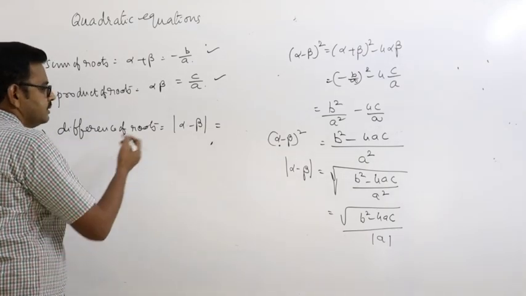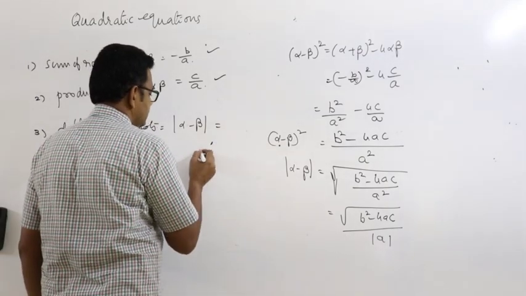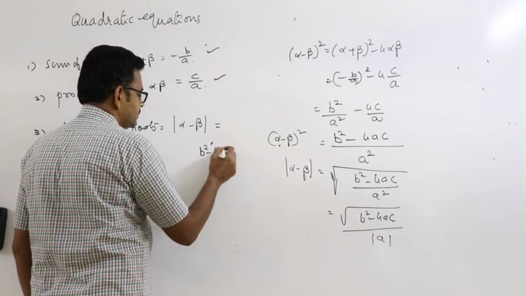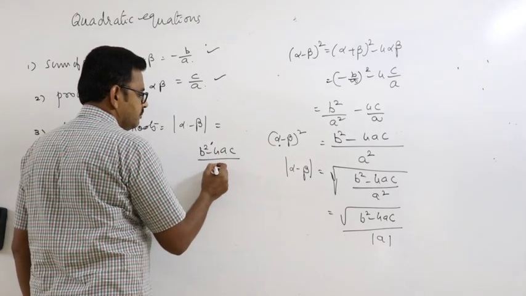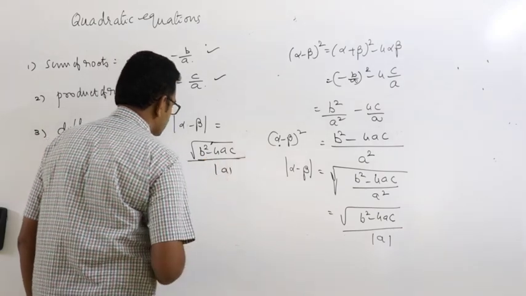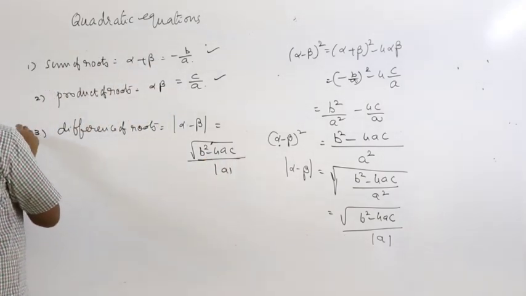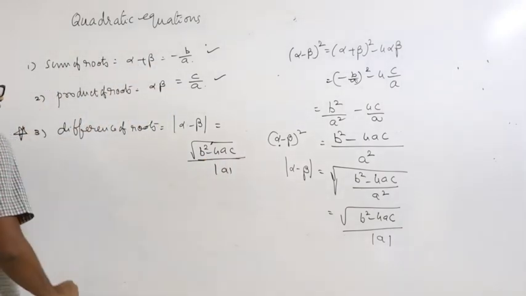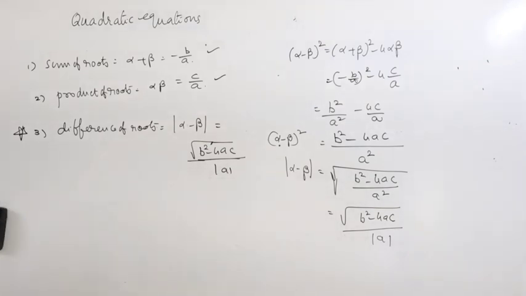So the difference of roots formula is root of b square minus 4ac by mod a, the root only for the numerator. So this is the difference of roots. Note the point.